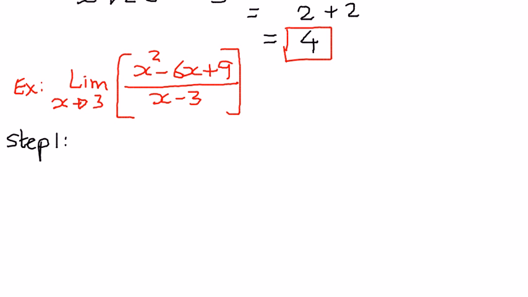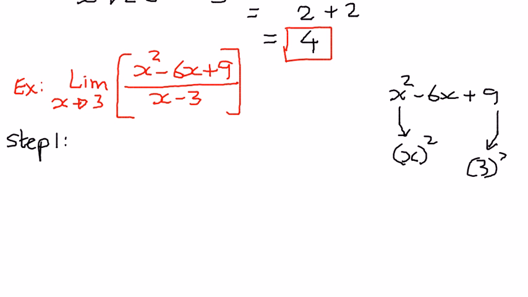If we look at the numerator part, I'm going to take it on the side here: x squared minus 6x plus 9. We can use the perfect square method. We want to recognize if the first term is a perfect square. It is. Is the last term a perfect square? Yes, it is, 3 squared.